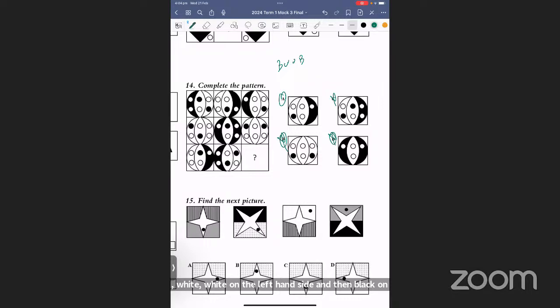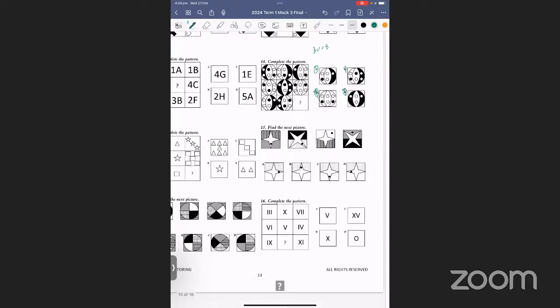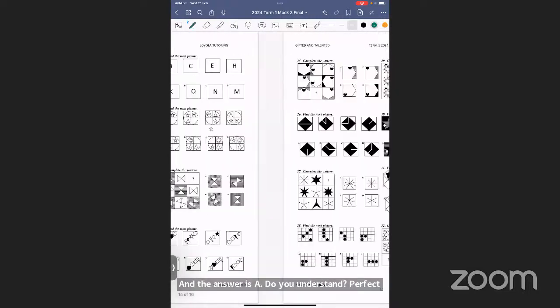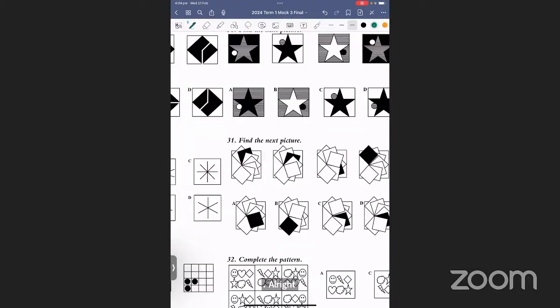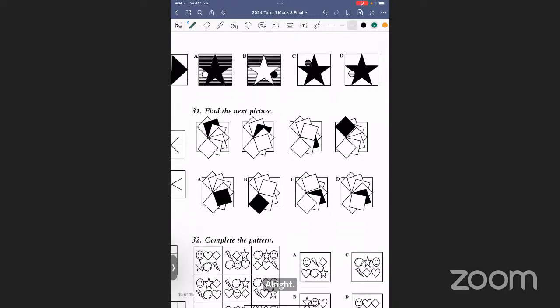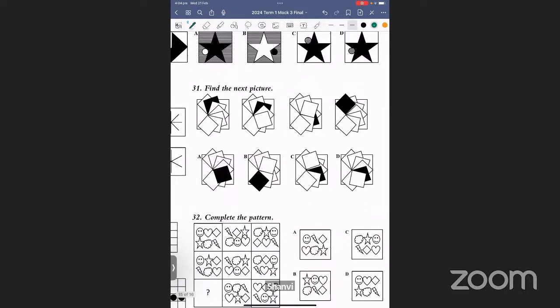All right. Shanvi, abstract reasoning, question number 31. This question, Shanvi? Yes. All right, so let's take a look. Here in this question, we have a black color that's moving around.